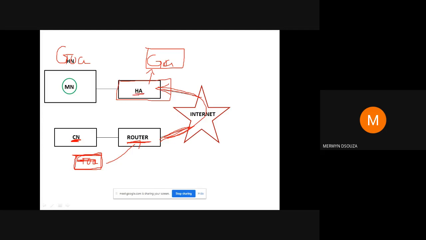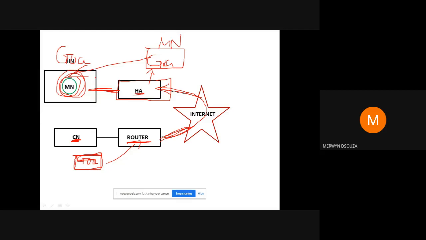The HA will see that this packet is intended for the MN. Since it's intended for the MN, it will check within its home network whether the MN is present within the home network. If it finds that the MN is present within the home network, this packet will be delivered to the MN. This is how the communication will take place between the CN and the MN.